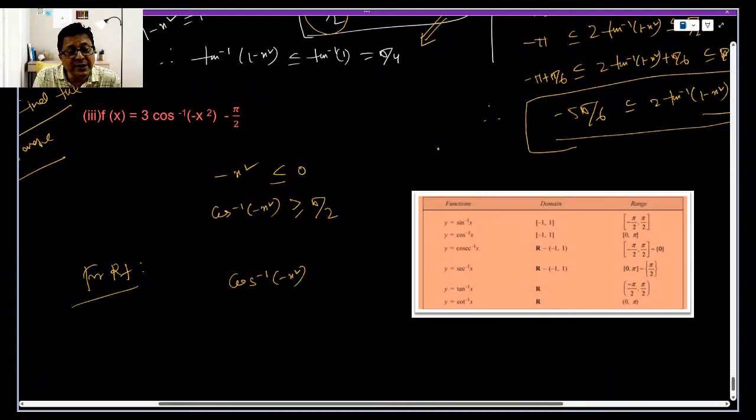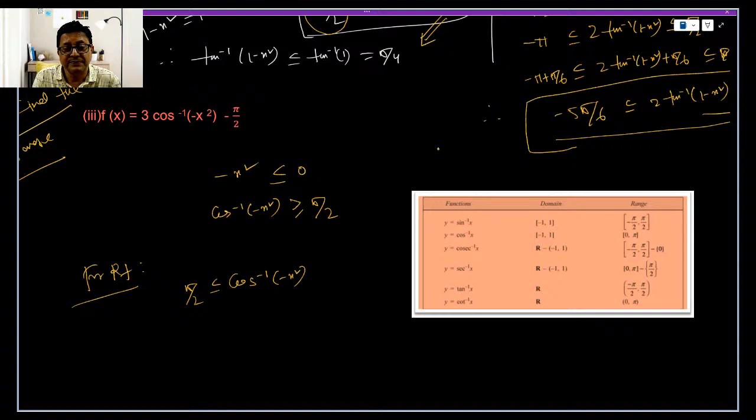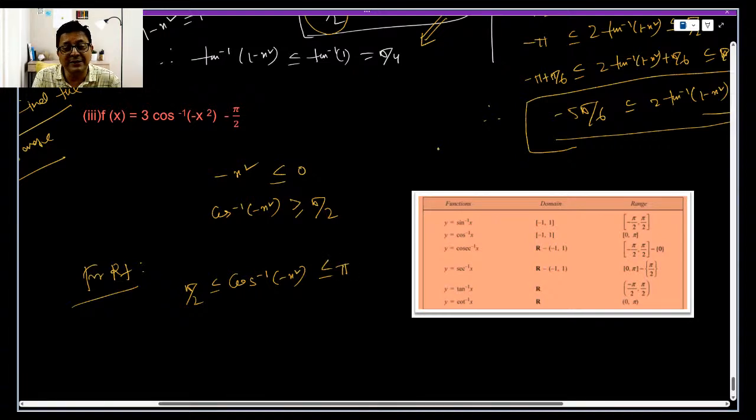Cos inverse of minus x square is greater than or equal to pi by 2, less than what? Cos inverse of any function is less than or equal to pi, 0 to pi. So this implies 3 cos inverse of minus x square is greater than or equal to 3 pi by 2, less than or equal to 3 pi.